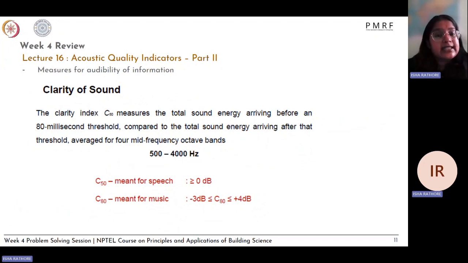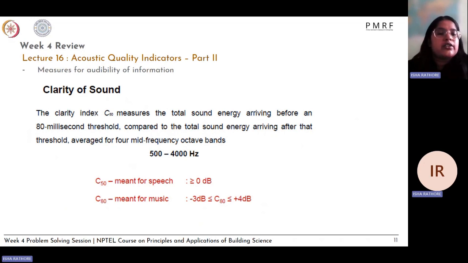The clarity index C80 measures the total sound energy arriving before an 80 millisecond threshold, compared to the total sound energy arriving after that threshold. So it is the ratio of whatever sound energy comes before that threshold to whatever sound energy comes after it.